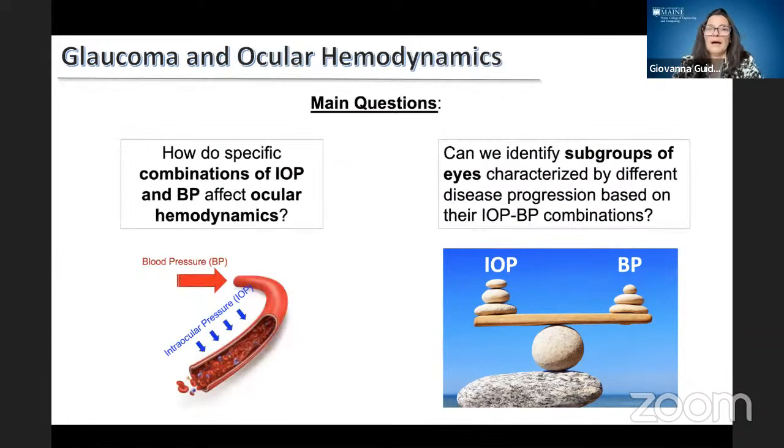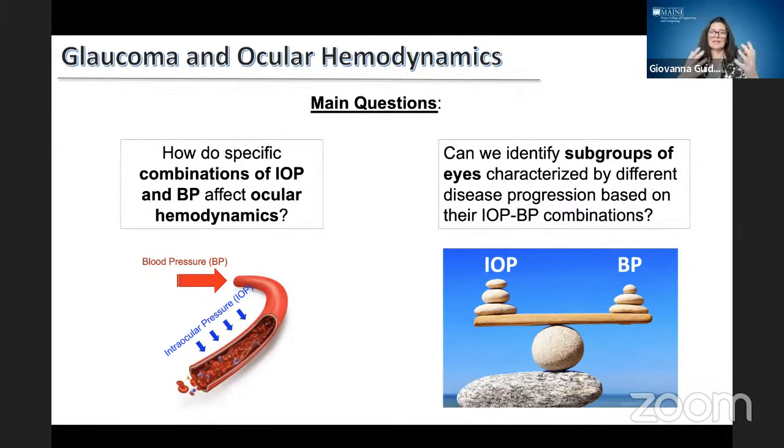So our goals are, at least for this specific talk, to see how we can help address these two specific questions. The one on the left: how do specific combinations of intraocular pressure and blood pressure affect ocular hemodynamics?